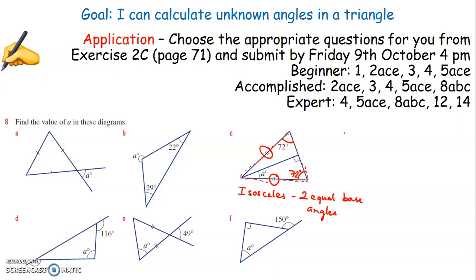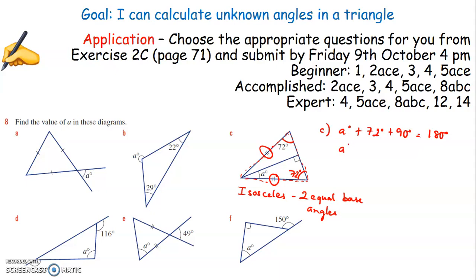And so therefore we know that A plus 72 plus, we have a right angle here, so that's 90, is going to give us 180. The angle sum of a triangle.